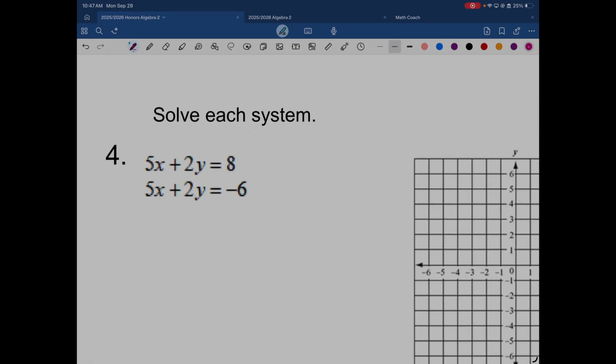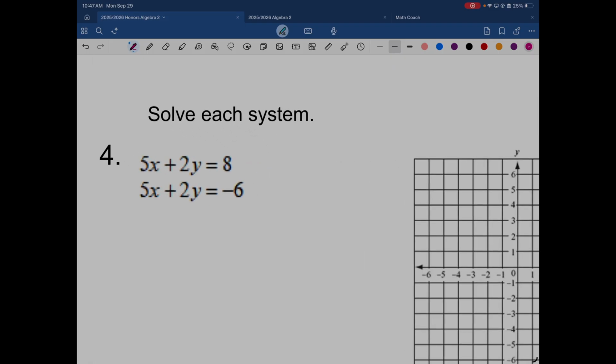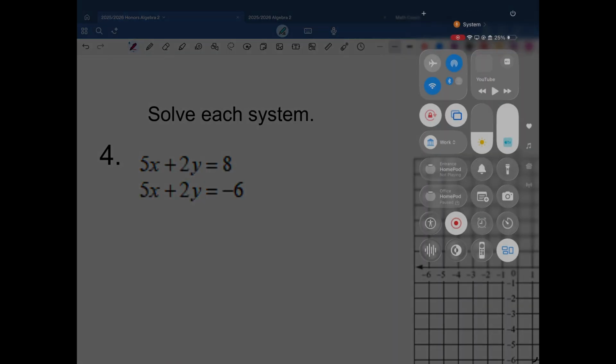Go ahead and try this one. Work with a partner, I'll give you about 2.5 minutes.